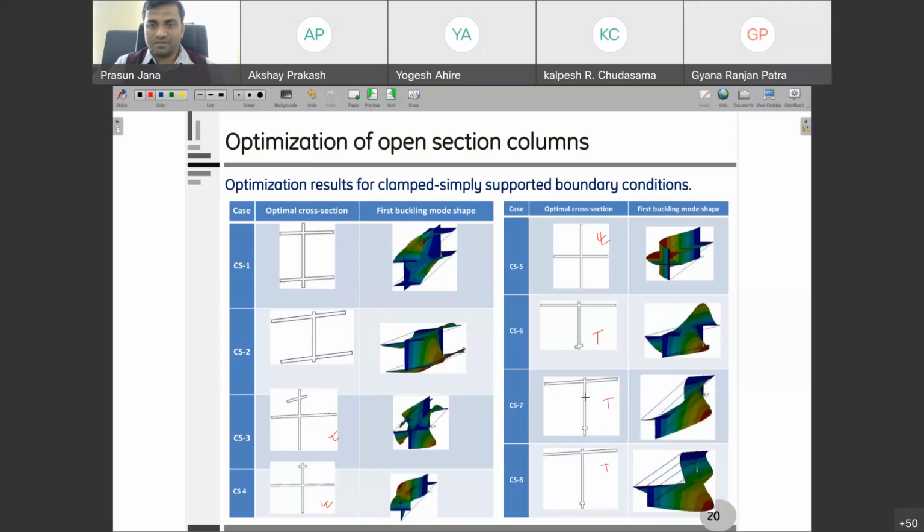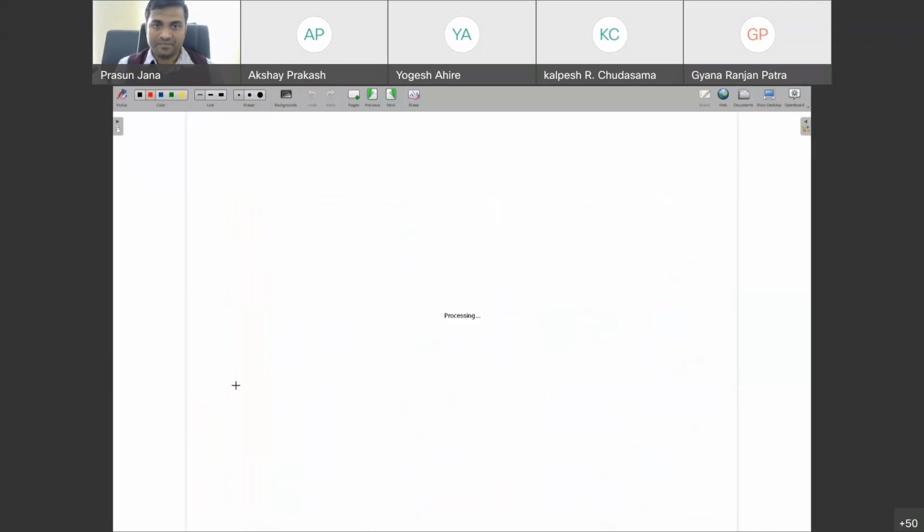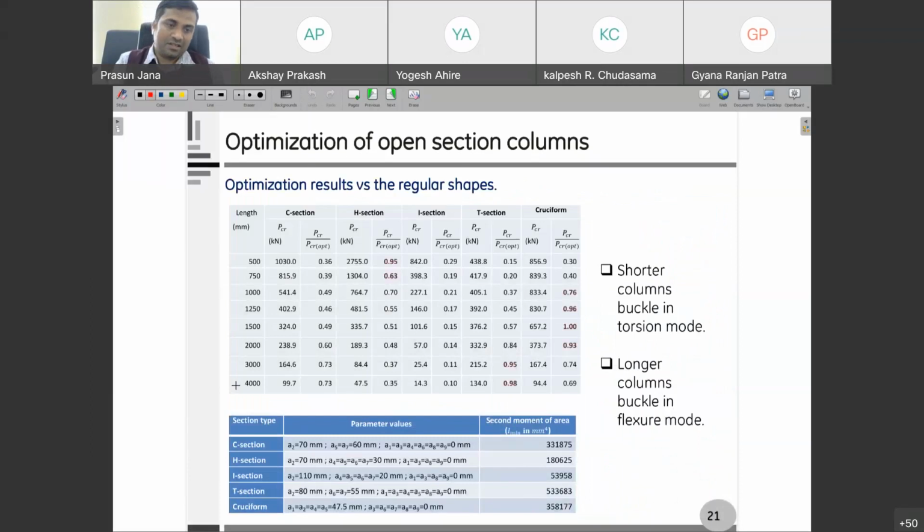So CS1, CS2, CS3 are for different lengths. As length changes, the shape of the optimal cross section changes. When it is shorter, you have H sections. When it is intermediate, you have cruciform sections. And when you have higher lengths, then you have T sections. So you can get some idea from this.